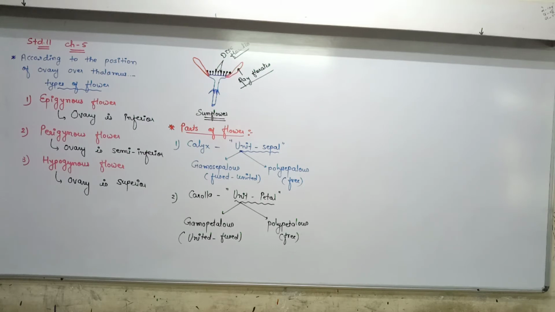Corolla may be tubular. Okay, here all the petals are united together and form this shape, just like a tubular shape, tube shape, bell shape, funnel shape or wheel shape.